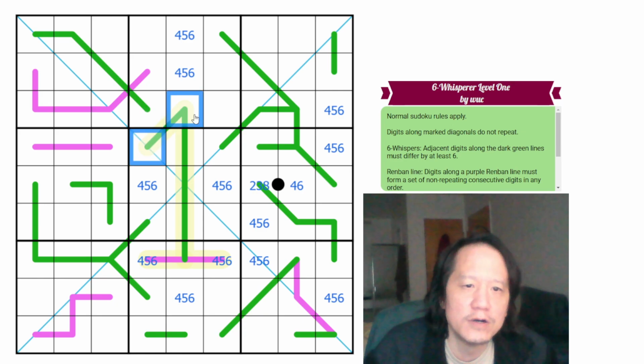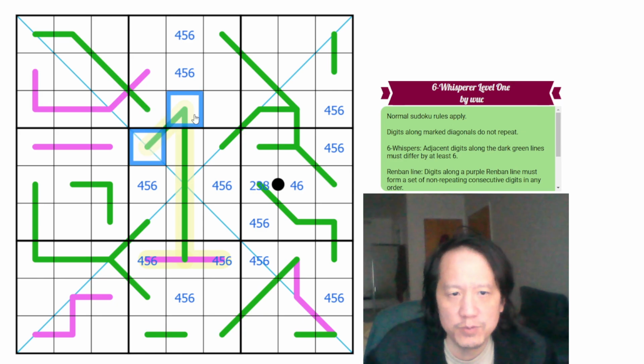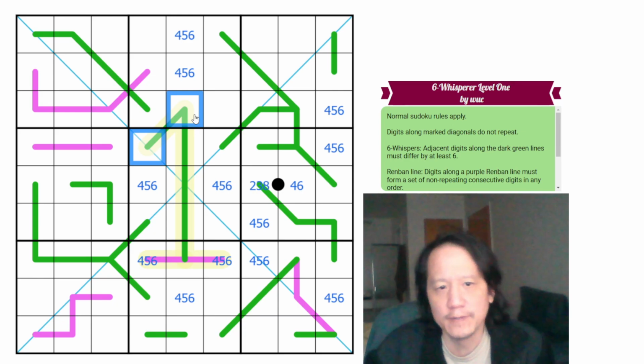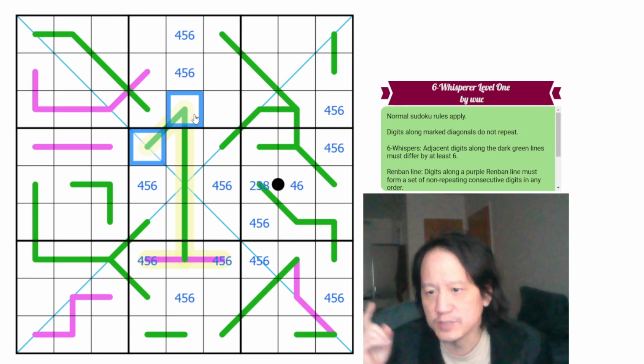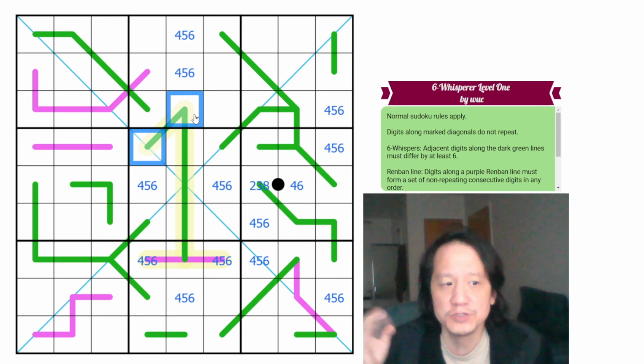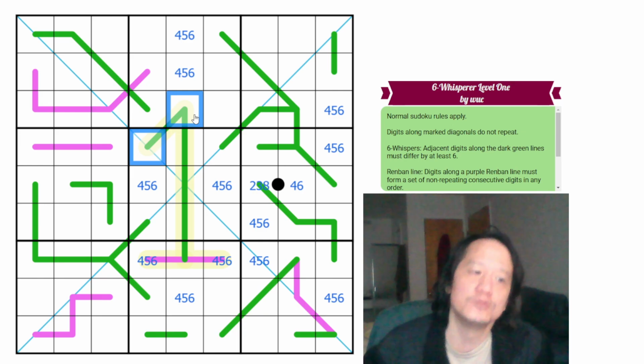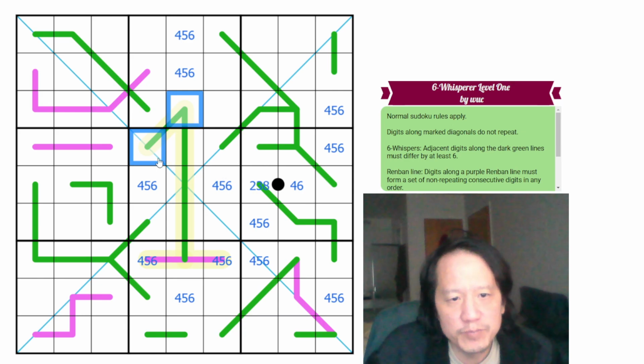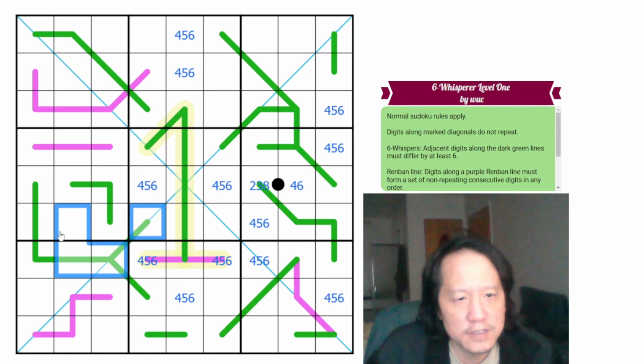Also, similar to German whisper lines, you'll always alternate between low digits and high digits on a 6 whisperer line, right? Because 1, 2, and 3 can only be next to 7, 8, or 9, which can only be next to 1, 2, or 3, so it always alternates. So then we can alternate between these cells.